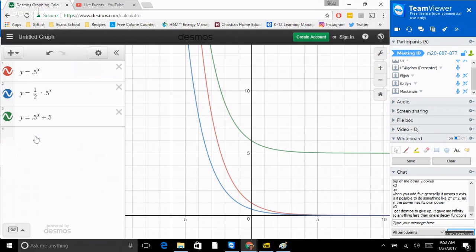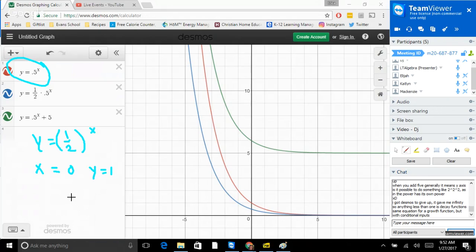So if this number that you're raising to the x power is between 0 and 1, then it's decaying. And the same kind of properties apply, right? You should be able to just take this red function right here, y equals 1/2 to the x power. Okay, so if x equals 0, anything to the 0 power is always 1.